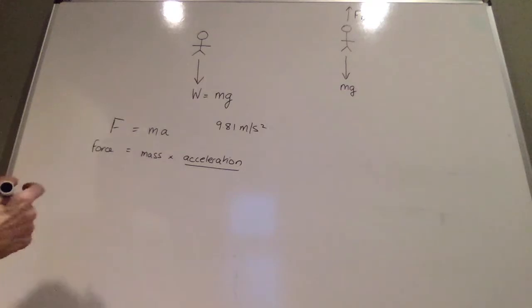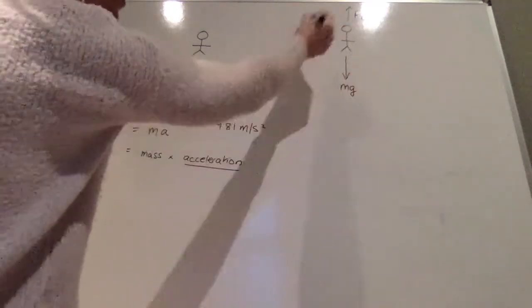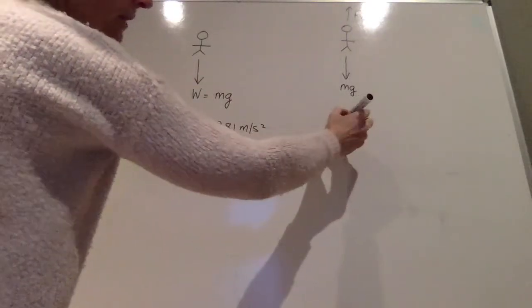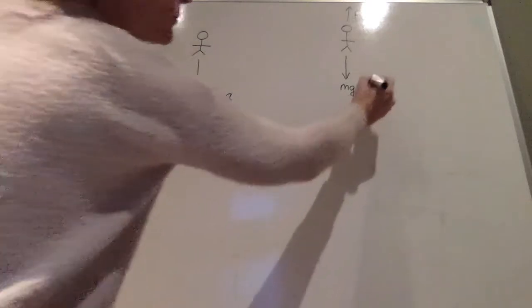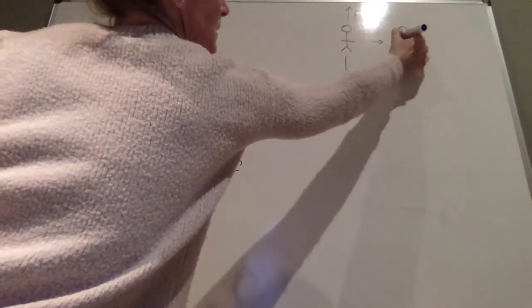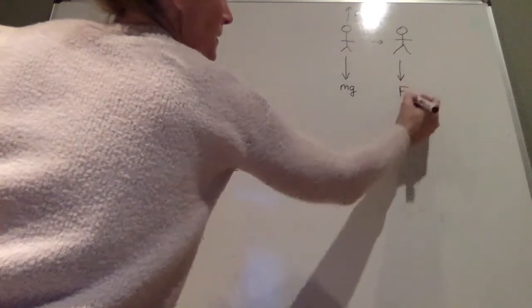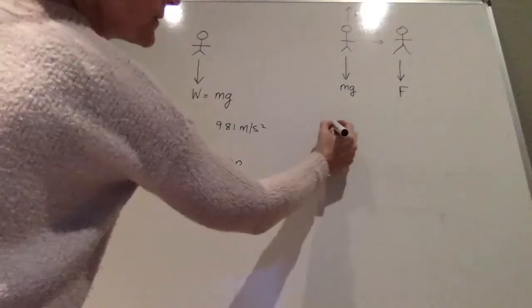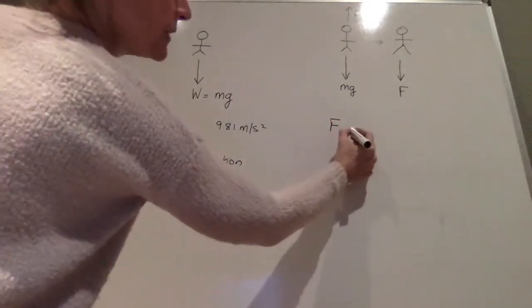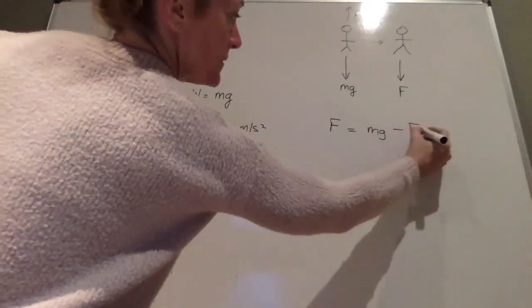Okay? Now, the overall force on that body in a downwards direction, we could refer to this as just an F. Hopefully everybody would agree that F is equal to mg minus Fd.